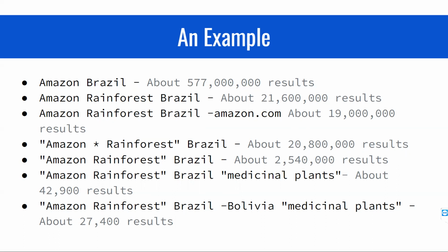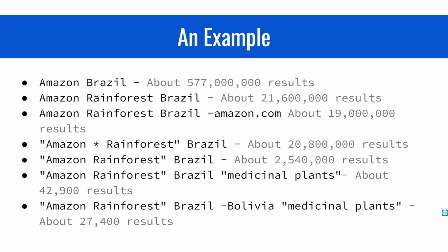So I'm only getting 21,600,000. If I add Amazon Rainforest Brazil minus Amazon.com, that brings it down to 19 million results. So what I'm doing is saying I want Amazon Rainforest Brazil, and I do not want any results that have Amazon.com in them.